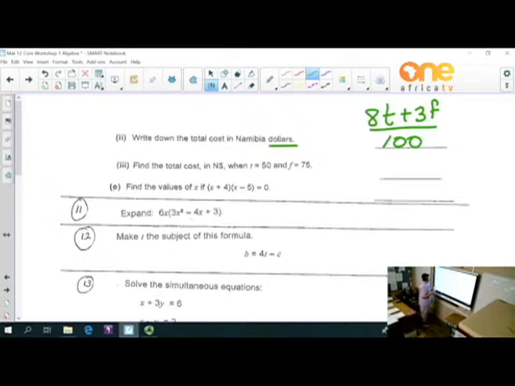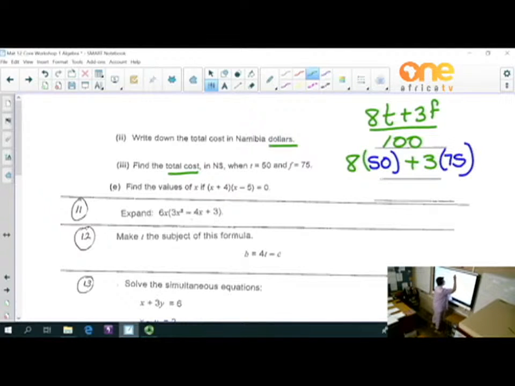And then they say, find the total cost when T is 50 cents. That's actually the price now, and the fudge is 75. So now we're just going to substitute in our previous formula. Still very easy. So it is 8, and now I substitute the 50 cents there in T's place, plus 3 times 75, divided by 100. Can you see?